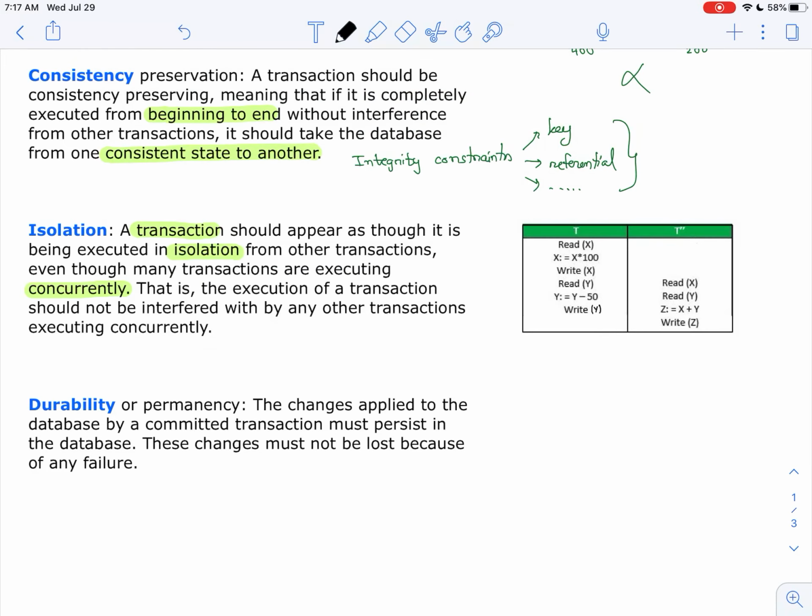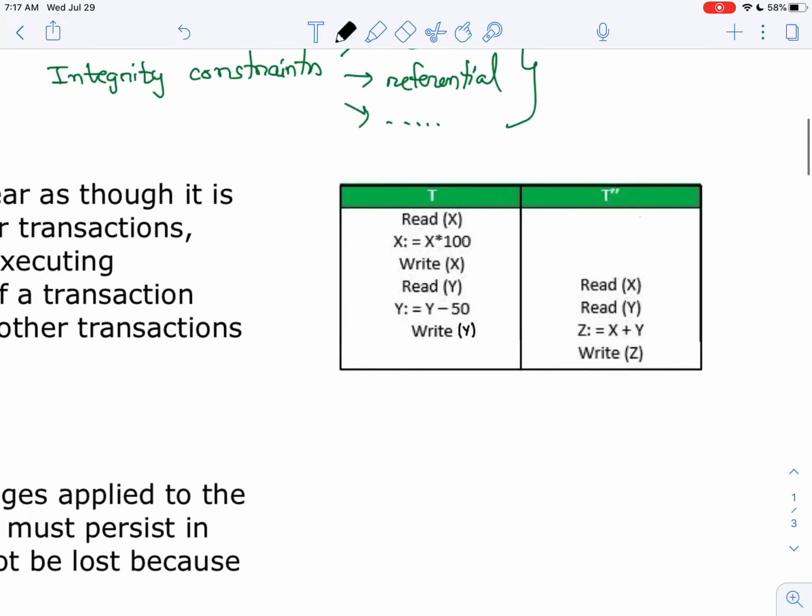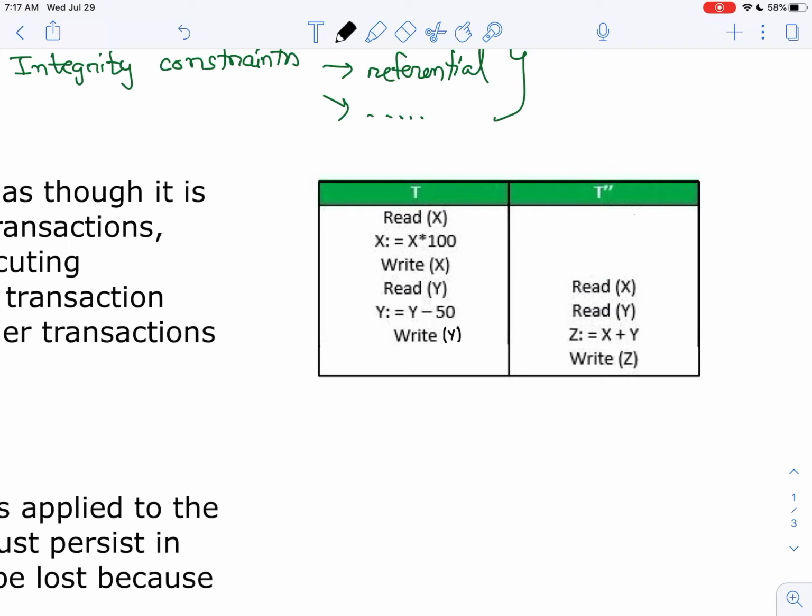Now let us take a look at an example of this. Suppose you have two transactions here. This is one transaction and this is a separate transaction, but these two are occurring concurrently. In other words, they are occurring at the same time.